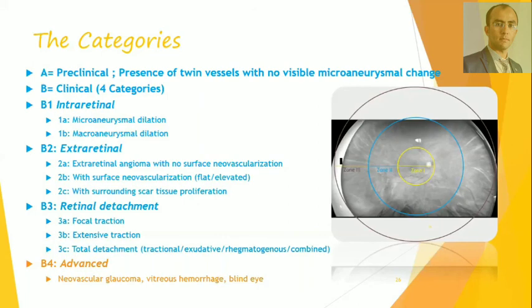From this classification system, if any extensive retinal traction exists between the retinal vascular arcades and the equator, it will be classified as zone 2, stage 3B, while zone 3 stage 2C describes a retinal capillary hemangioma with surrounding scar tissue proliferation anterior to the equator.